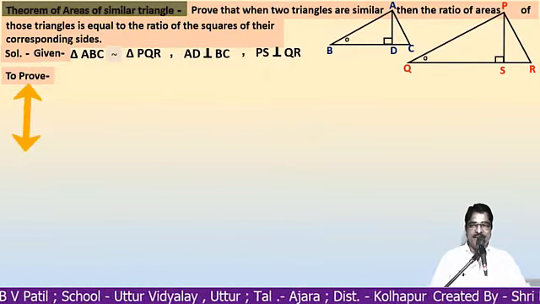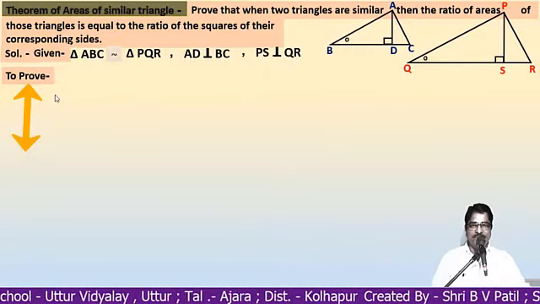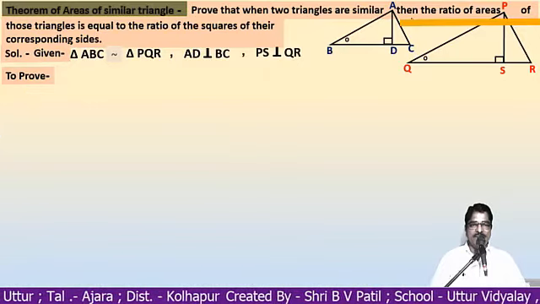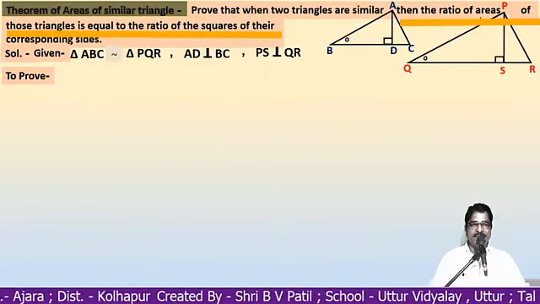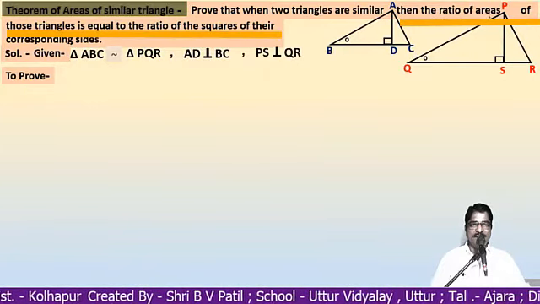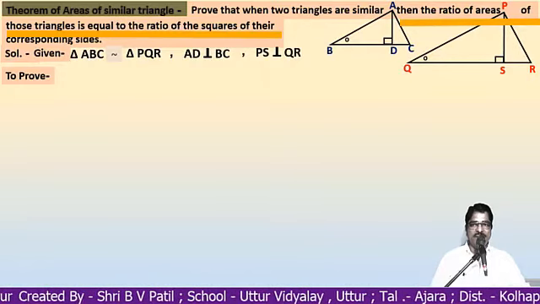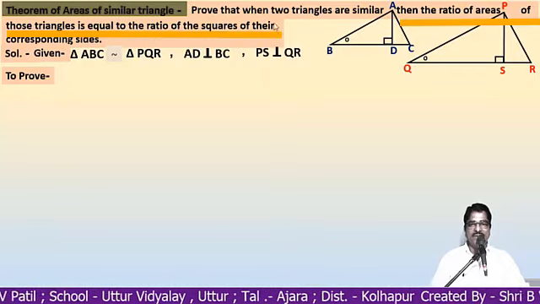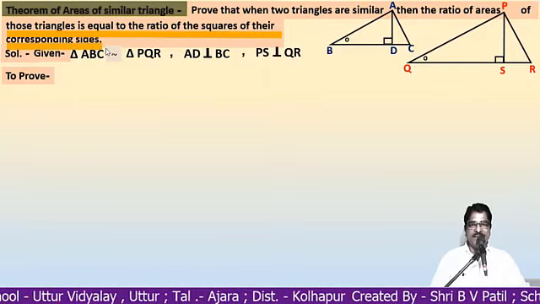The next part is to prove. In the to prove sentence after then, that is the ratio of areas of those triangles is equal to the ratio of the squares of their corresponding sides.